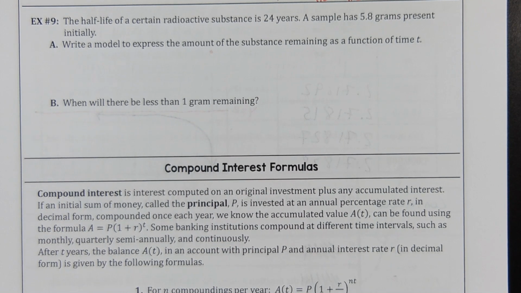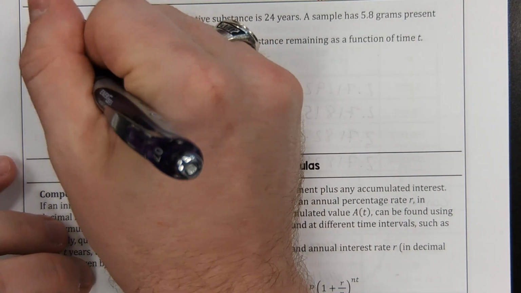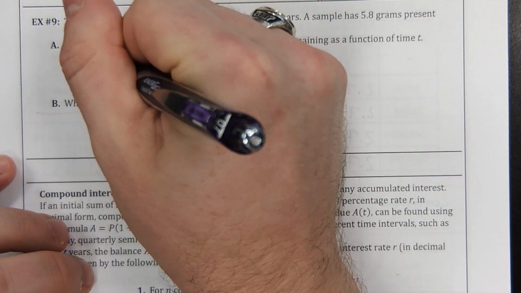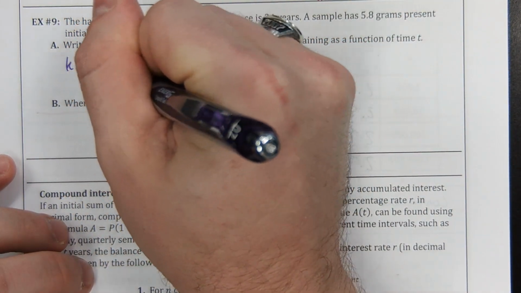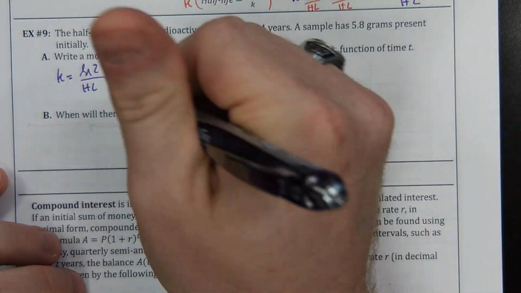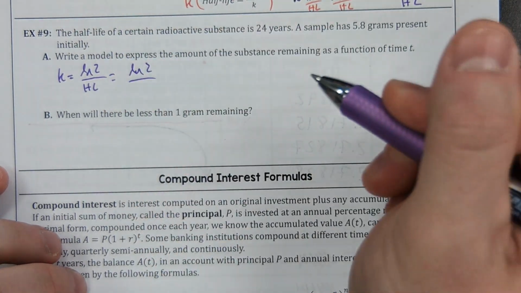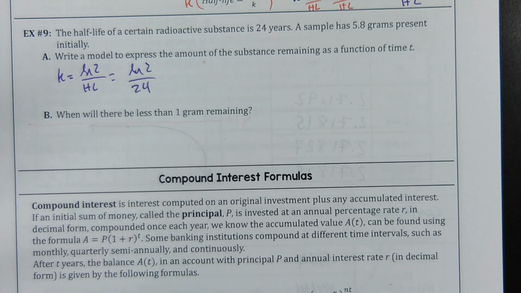The half-life of a certain radioactive substance is 24 years. We're starting with 5.8 grams. We need to write a model. Well, again, remember, K is ln 2 over the length of the half-life. So our K value is the ln of 2 over 24. And I don't even want that as a number.